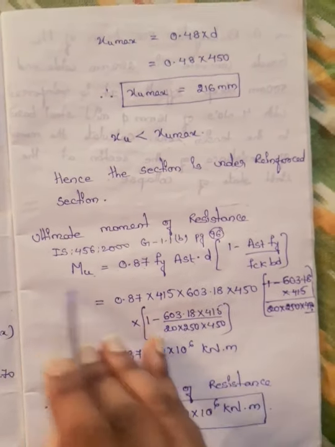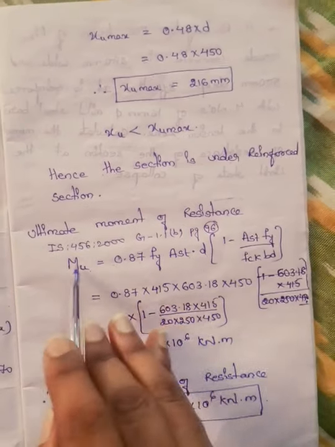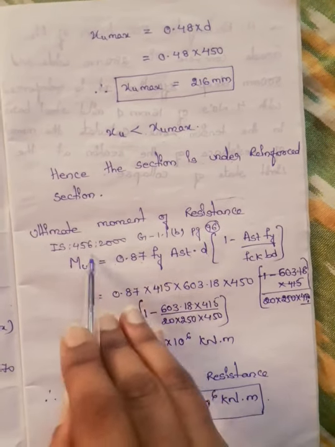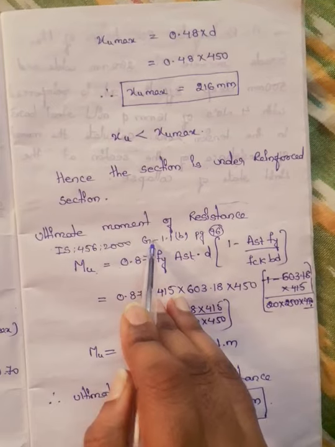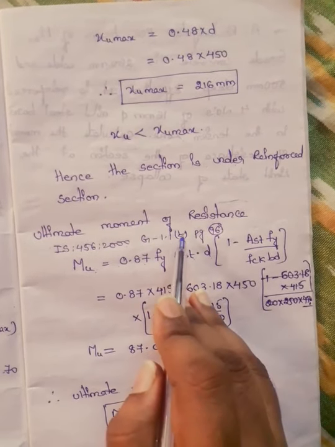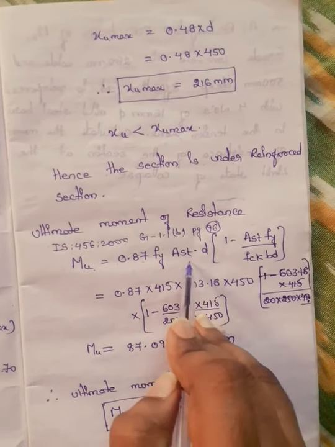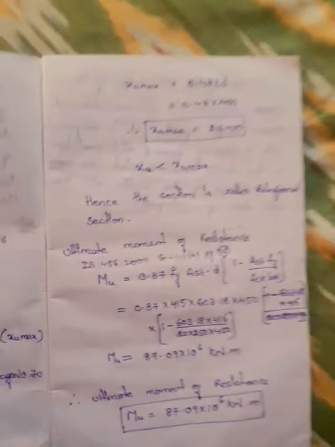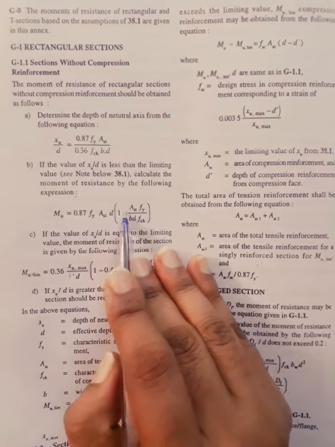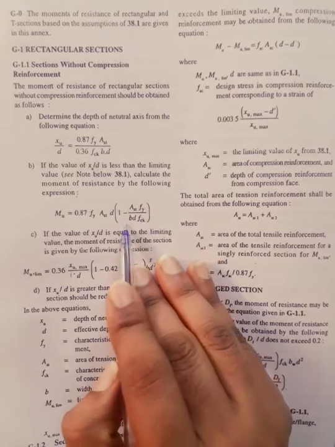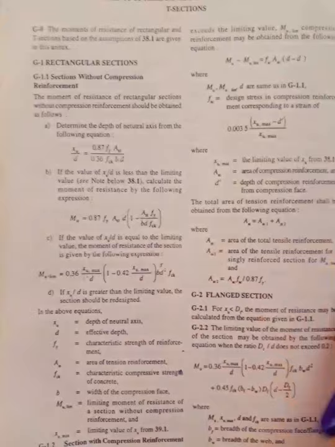This formula is also there on page 96 of IS 456-2000 Annex G, in G-1.1, point B. Let me show that also. See here: Mu equals 0.87 fy Ast d into (1 minus Ast fy / (b d fck)), right?